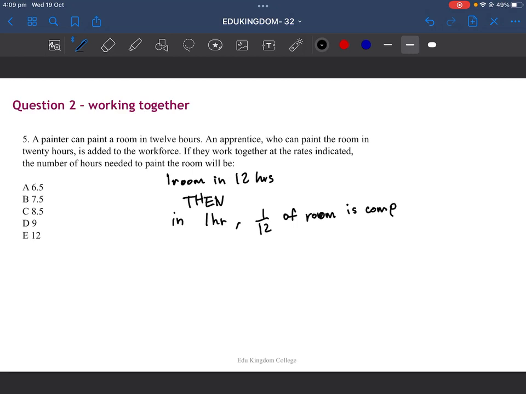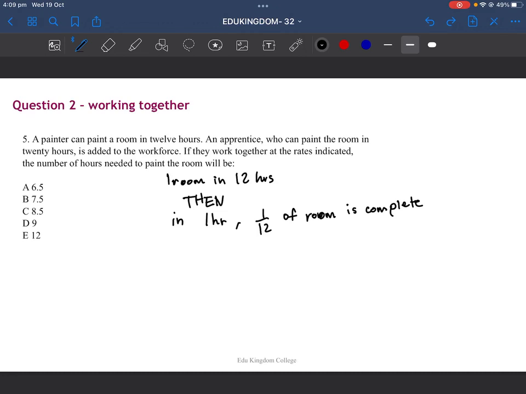Can you guys understand that? So if one room takes 12 hours, 1/12 of the room can be done in 1 hour, so that in 12 hours, one whole room can be done. Can you see how that maths works? Okay, so since that is valid, we can say, oh, that must mean that 1/12 of the room is complete in 1 hour. That's the work.